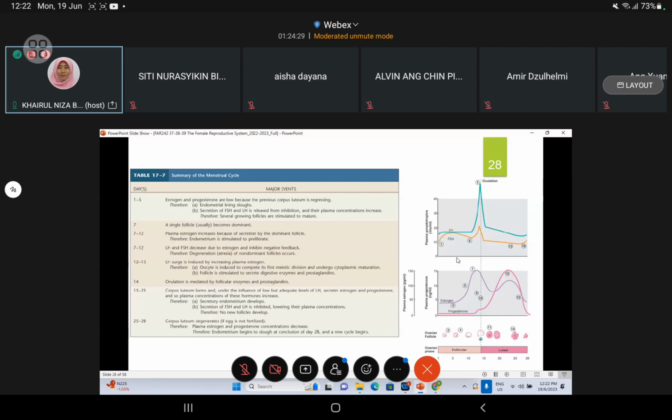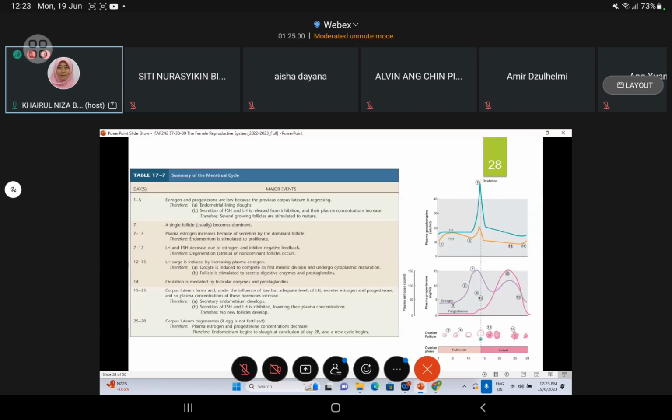But then when the dominant follicle is selected, it starts to secrete a lot of estrogen, okay, and at this stage, FSH secretion and LH secretion are being inhibited. That means at very high concentration of estrogen, it has negative feedback effects upon LH and FSH. Okay, so nearing ovulation, estrogen secretion is very, very high.